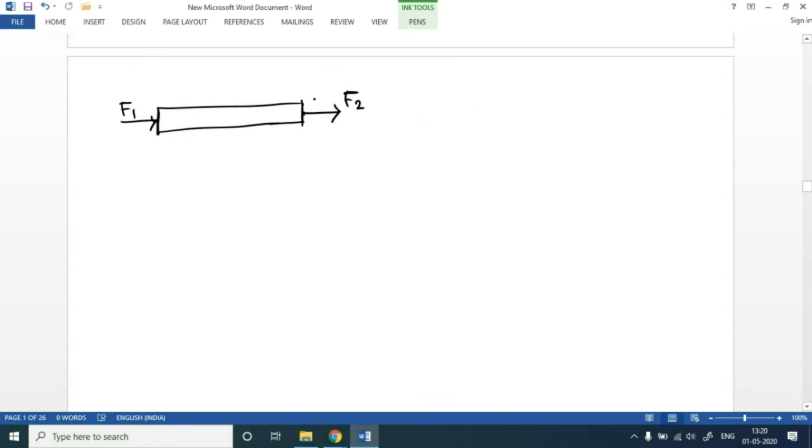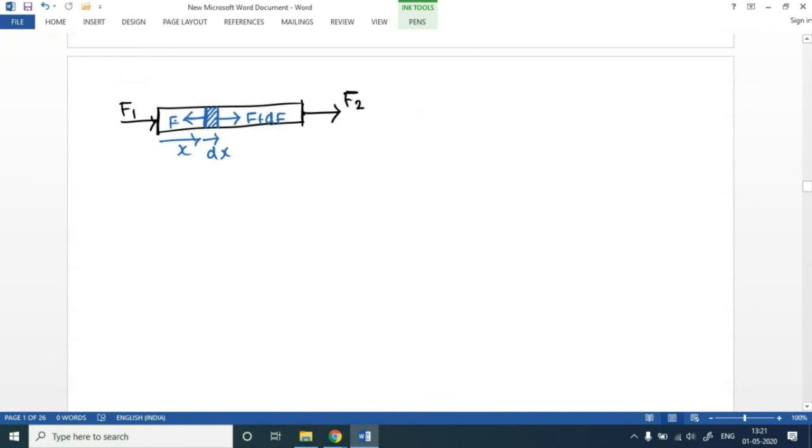In order to find out the elongation, we are going to use the same method. Let's say at a distance of x we take a small element dx. For this element, let's assume it is under elongative stress, so I have shown it in this direction. So f plus df, you should realize. If the value of f turns out to be negative, we will say that it was not elongative but compressive stress.